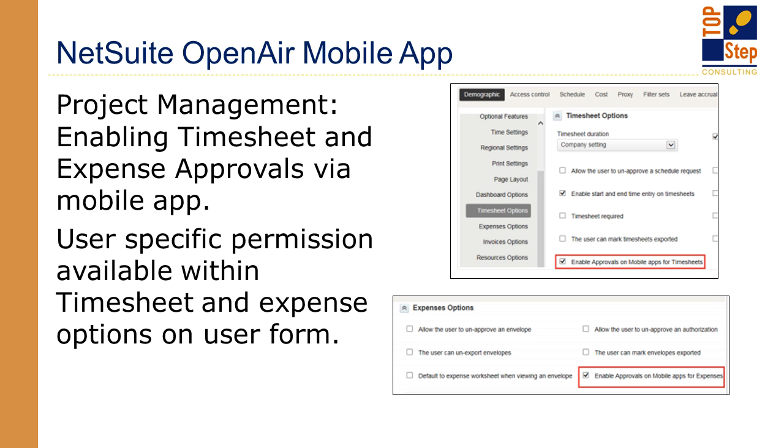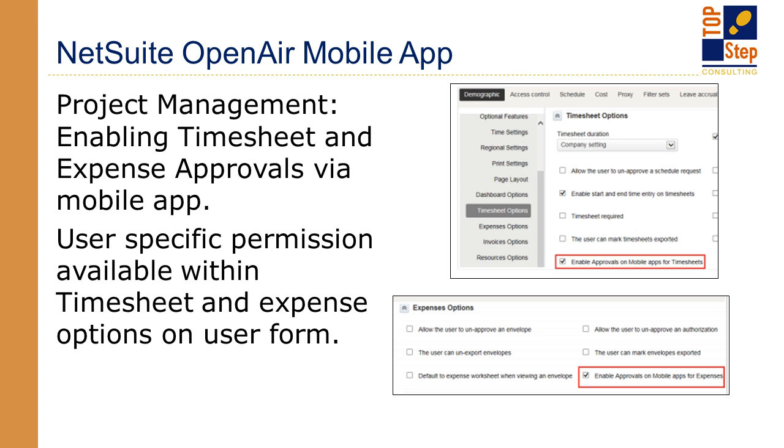But to give people permission to approve timesheets, you first have to check a box on their user record inside of OpenAir. So under timesheet options as well as expense options, there is a checkbox that allows them to enable approvals within the mobile app for timesheets.